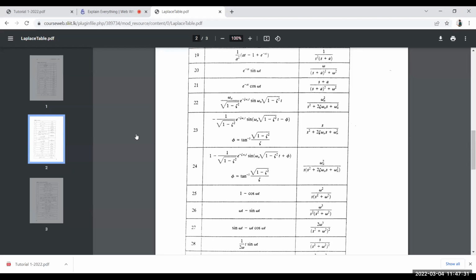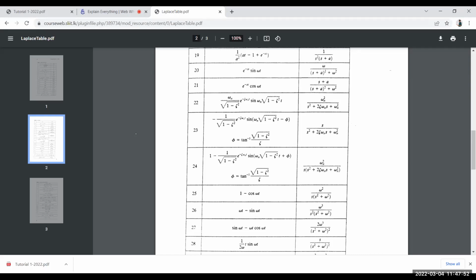So you see this format: omega n squared on top, and the bottom is s squared plus 2 zeta omega n s plus omega n squared. If we get this format, we can simply substitute and get the final answer. So we just prepare our equation accordingly.